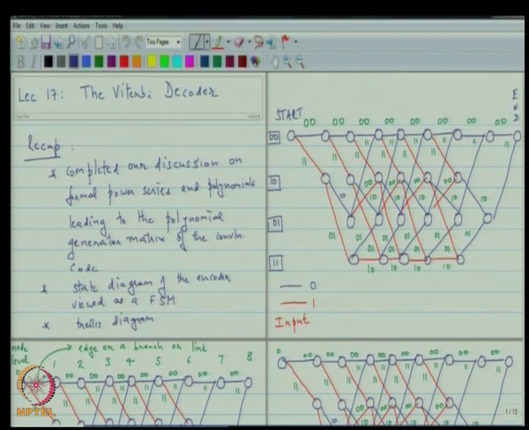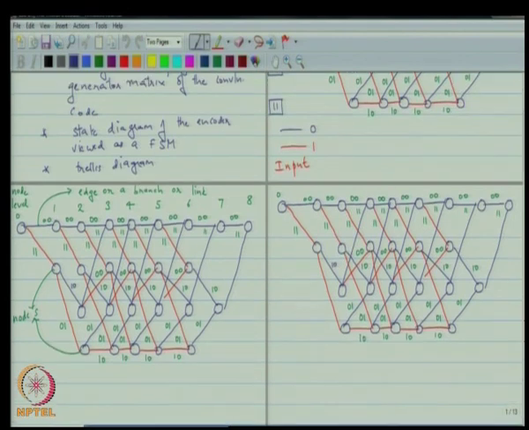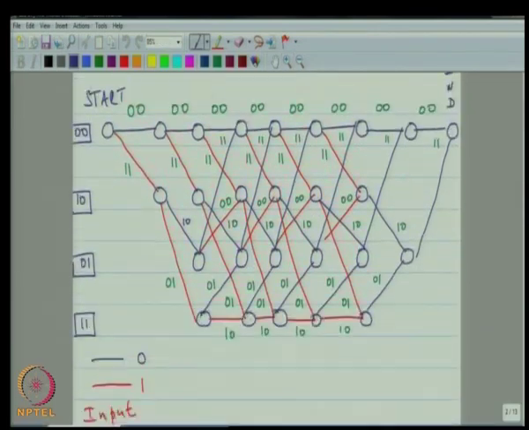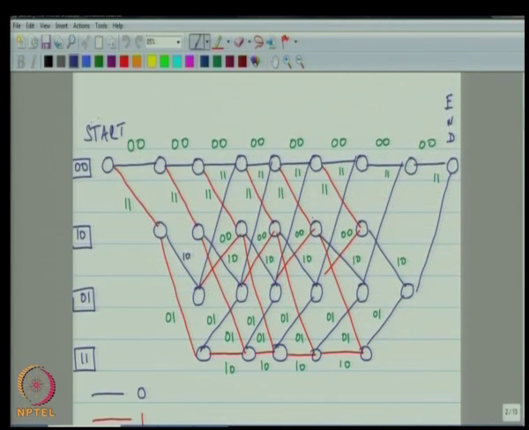So, we started by setting up the trellis of the convolutional code, and the way the convolutional code is set up is that every branch in the trellis is labeled with an output segment in such a way that in going from start to the end node, every path that you take corresponds to a code word.